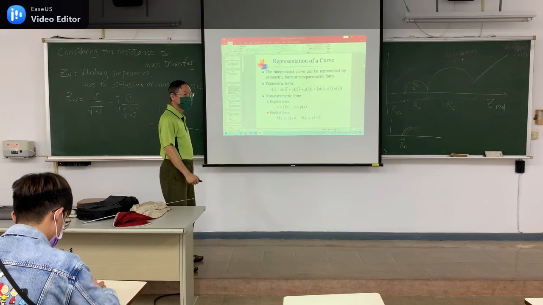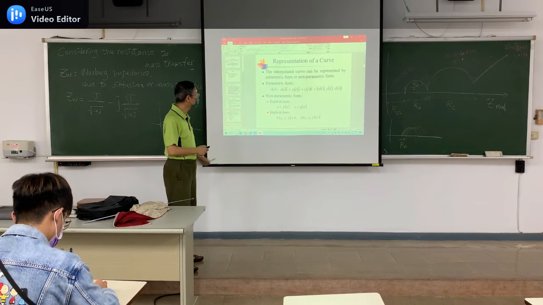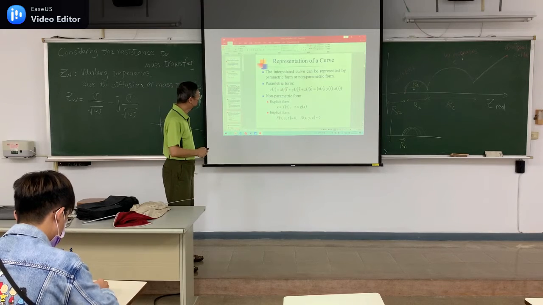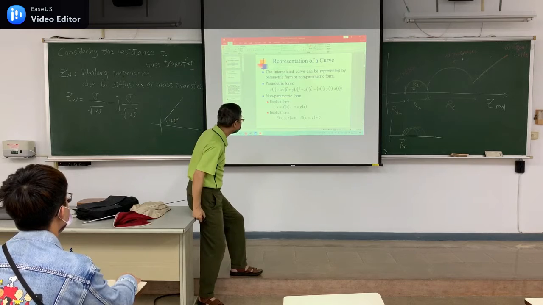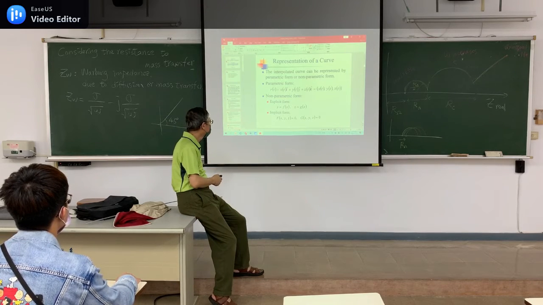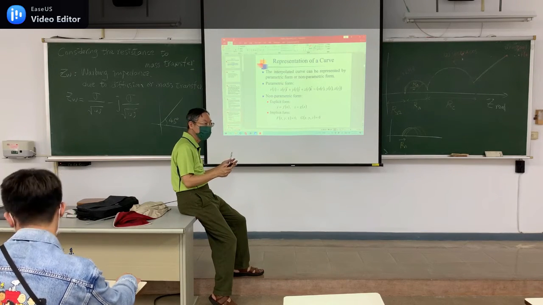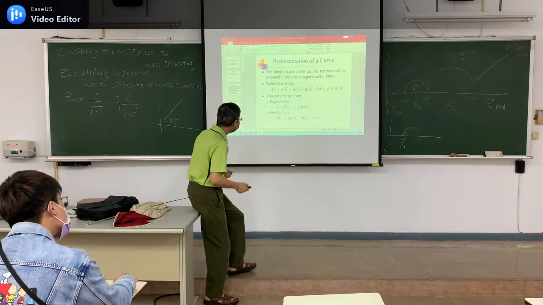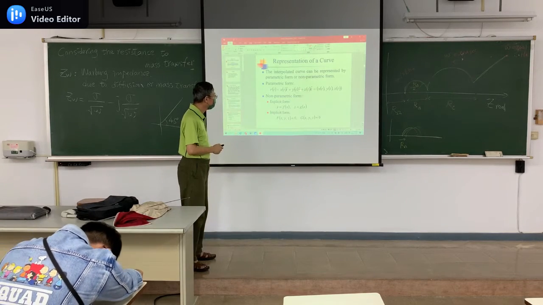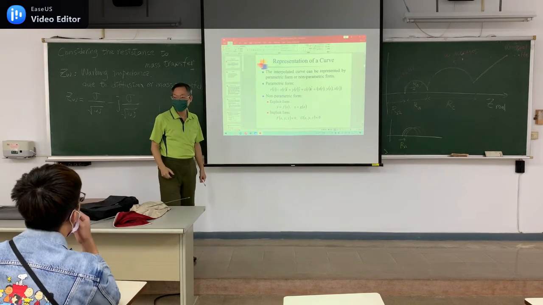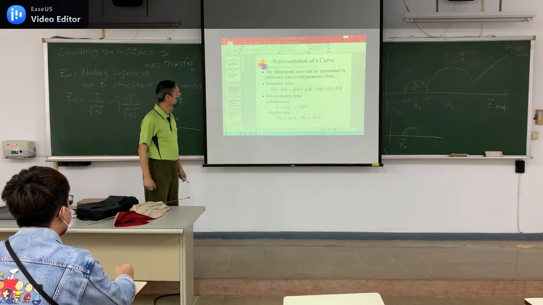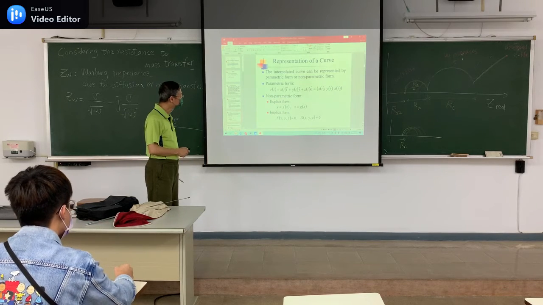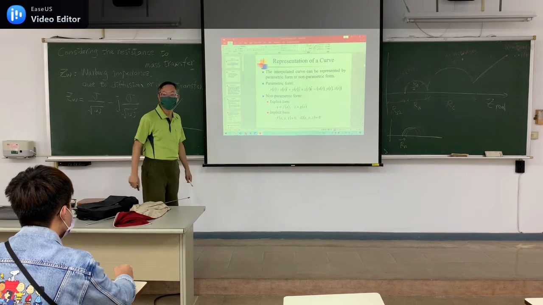Non-geometric form is that we represent the curve by the relationship between the coordinates, the function between the coordinates. There are two different ways for non-geometric form. One is the explicit form, another is implicit form.